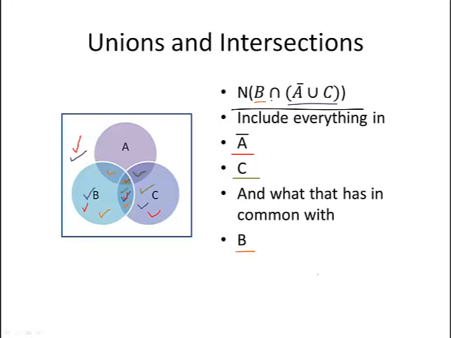Okay, now with the intersection, we only want the things that have orange and purple. So let's see. I've got an orange and purple here. And I have an orange and purple here. And I have an orange and purple here. But I don't have an orange and purple in any other ones. So it's just going to be these guys. This one, and this one.